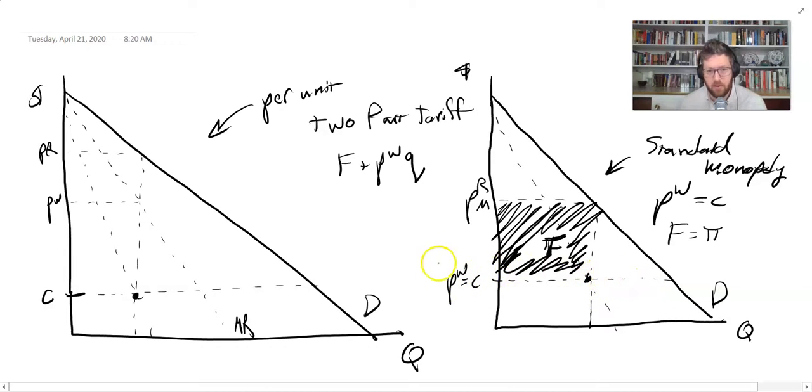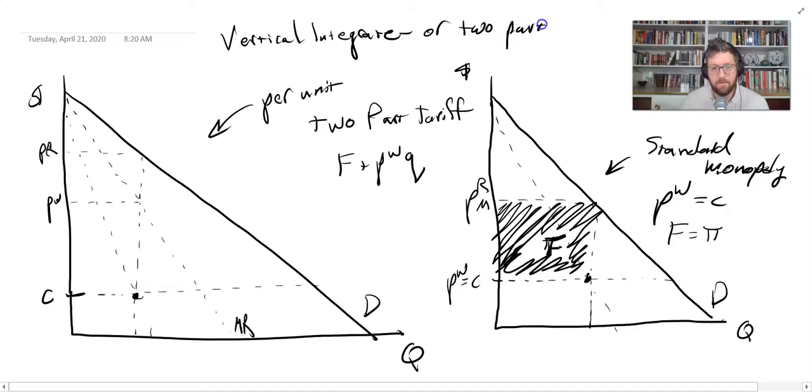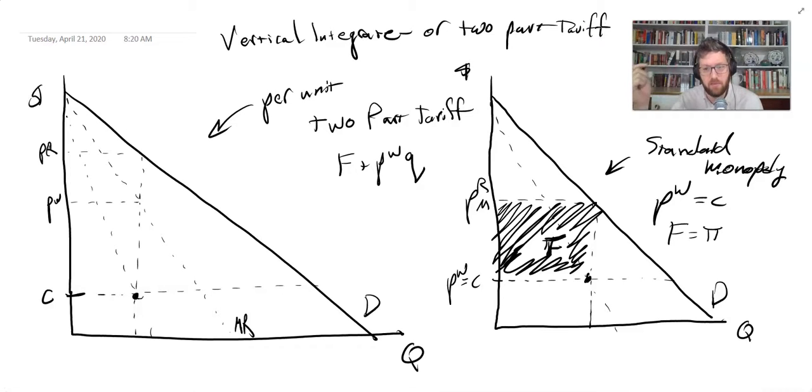So that's the main takeaway. You can either vertically integrate, or you can use one of these two-part tariffs, and they'll both solve this double marginalization problem. One of the intuitions is that the two-part tariff, when it was applied to consumers, solved the deadweight loss problem, the inefficiency of monopoly, because there was no more deadweight loss.